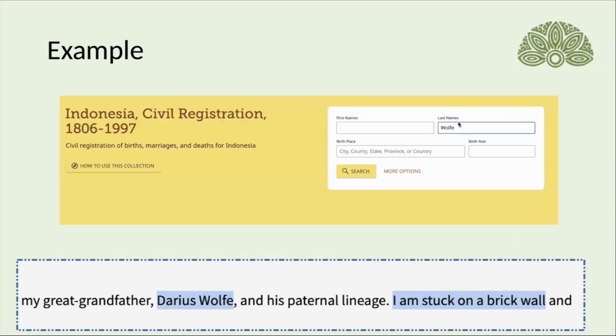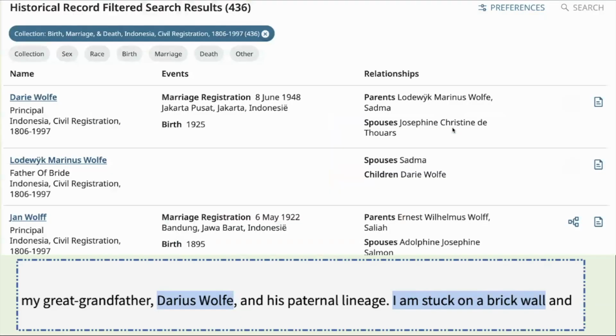If you use this new website and take Wolf as a last name, then surprise, surprise, the first hit is that person. It's a marriage registration of the 8th of June, 1948. This is after the Second World War, so during the War of Independence. It says spouse Josephine Christine Dutour, so therefore we know it is the right person.